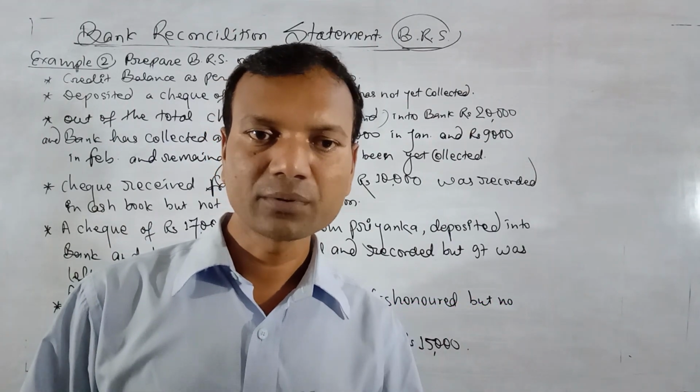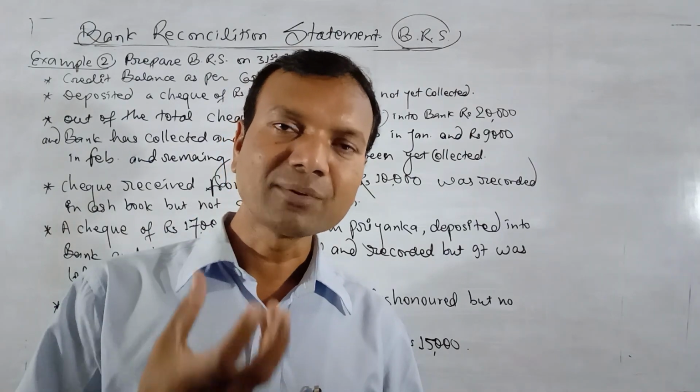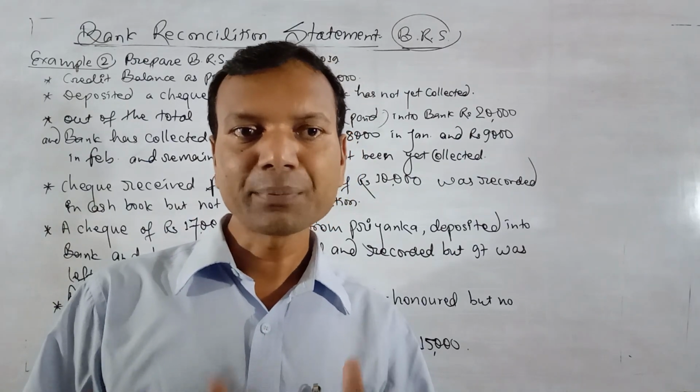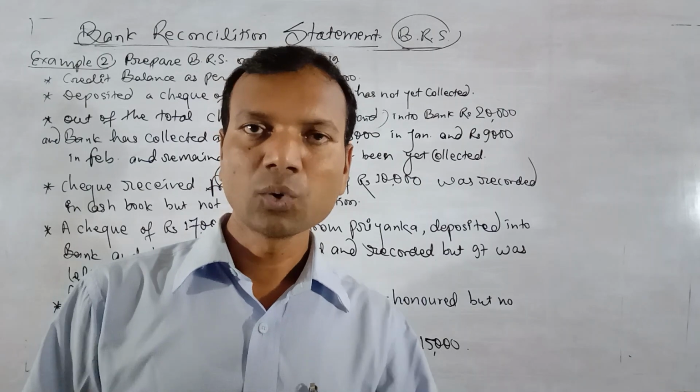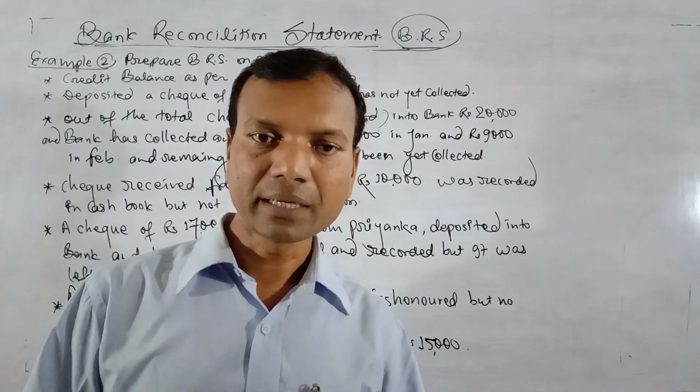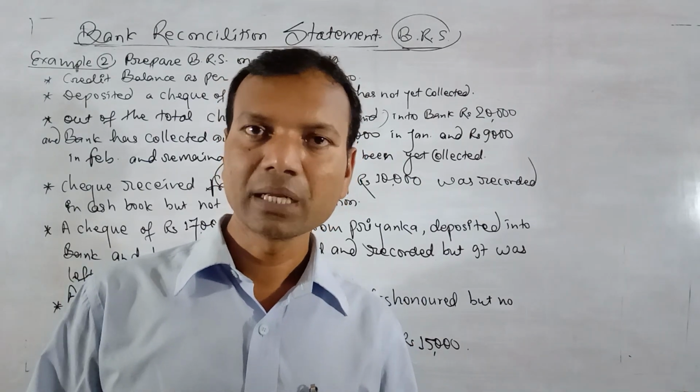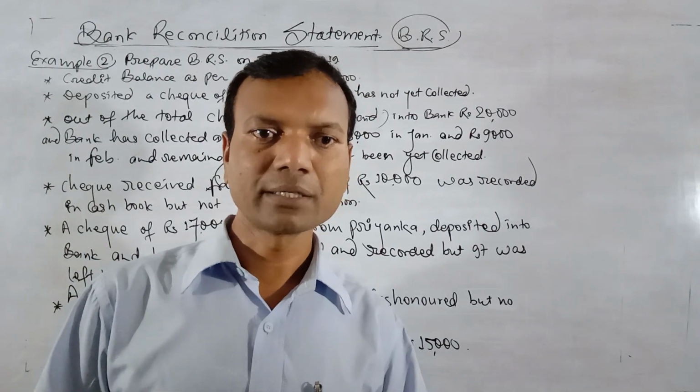It depends on what you have taken in the beginning. If you have started the cash book, we have to consider the cash book. If you have started the passbook, you have to consider the passbook. Simple rules.